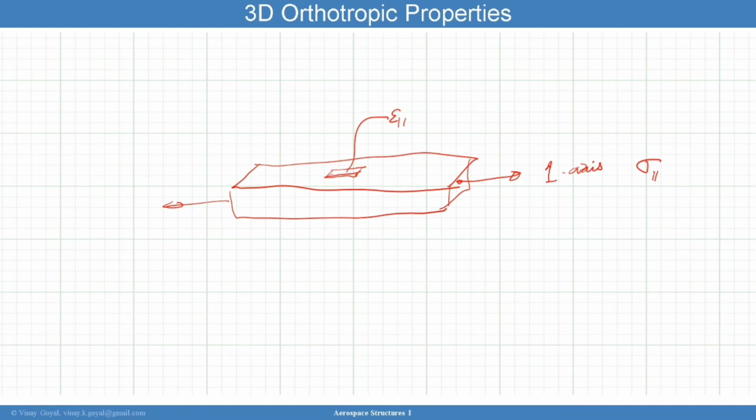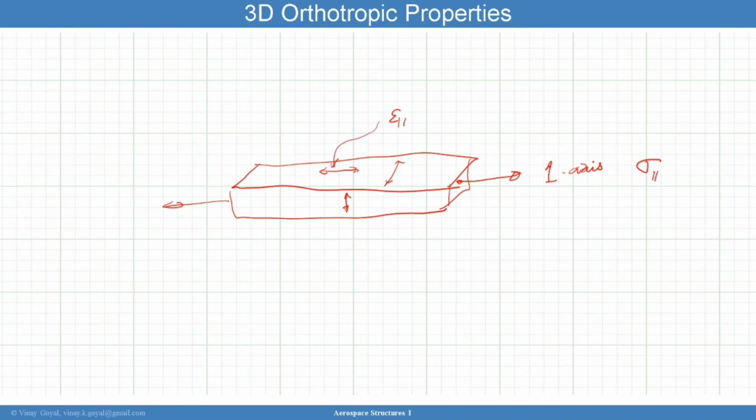And in the lateral direction, I want to measure the strain this way, and I want to measure the strain this way. This one here is measuring the strain this way, right? Let me make it more clear. That strain is being measured this way. That's what that one is.